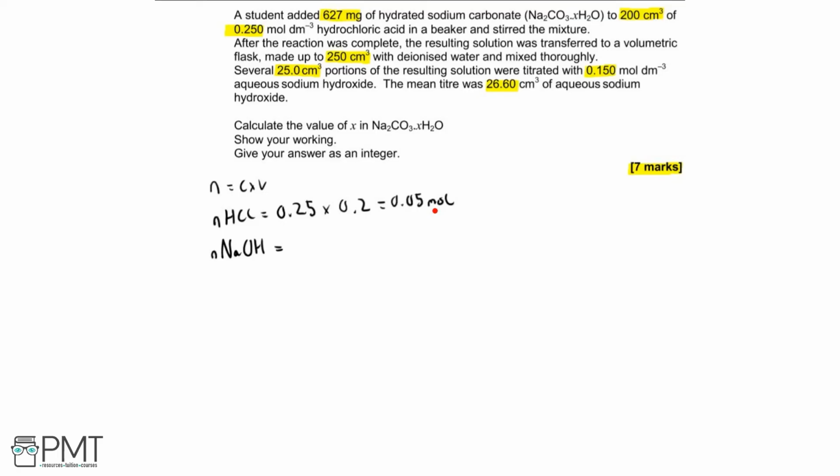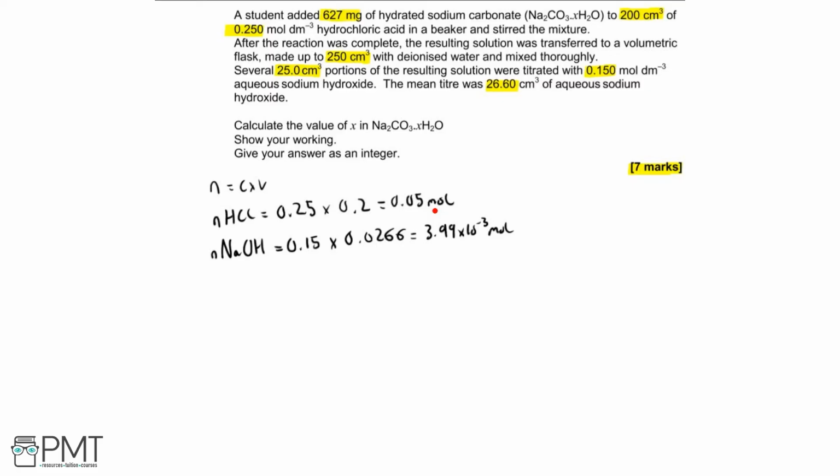So the concentration is 0.15, and we have an average titer of 26.6 centimeters cubed, but that needs to be in decimeters cubed, so that's equivalent to 0.0266, which gets the value of moles at 3.99 times 10 to the minus 3 moles.